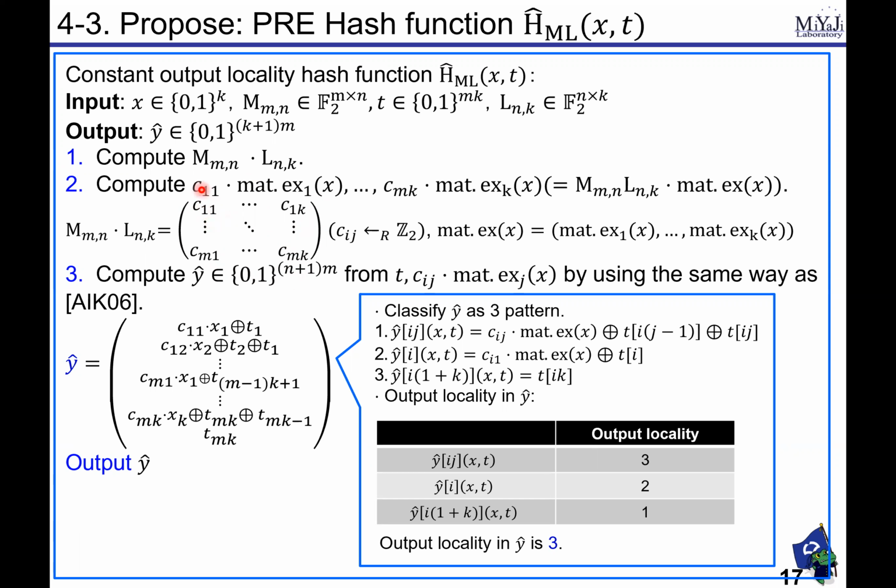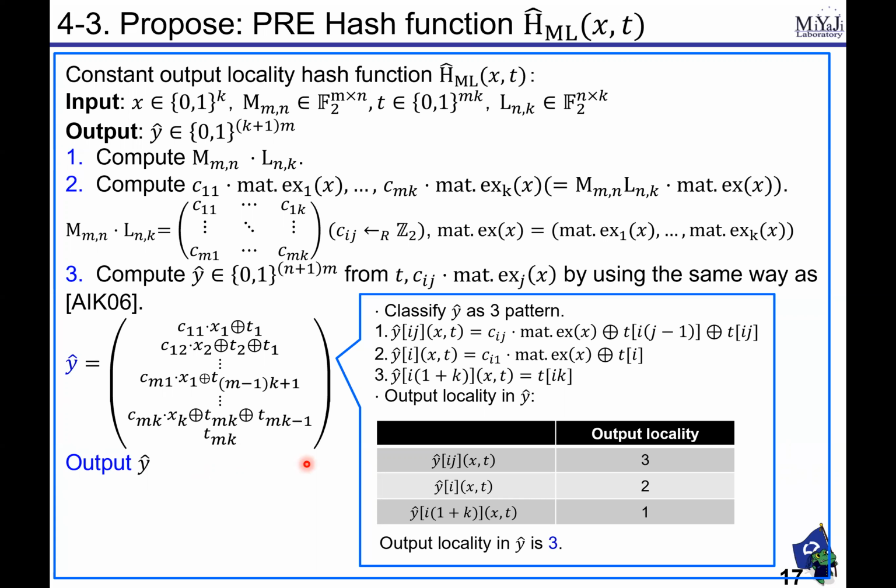And we compute C_11 times the matrix 1x to C_mk times the matrix kx, which is equal to M times L times x. So we compute y hat from this computed value and the random number T in the same way as the previous research. And the output of y hat is written as this one.